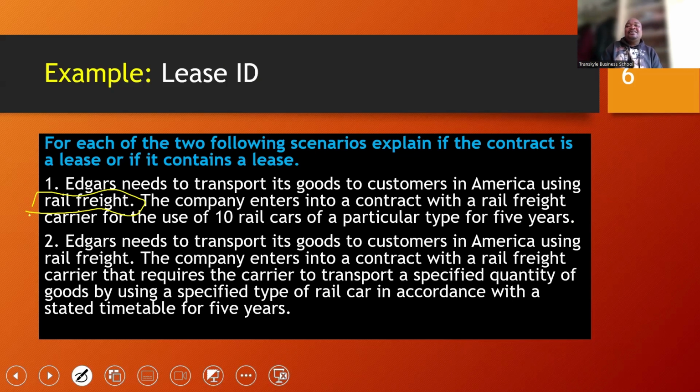The company enters into a contract with a rail freight carrier for the use of 10 rail cars of a particular type for 5 years.